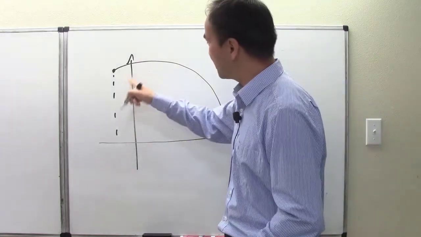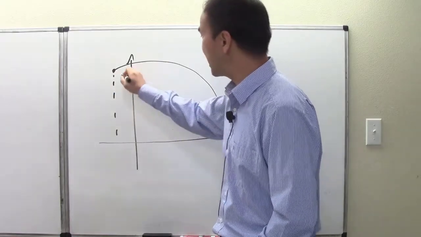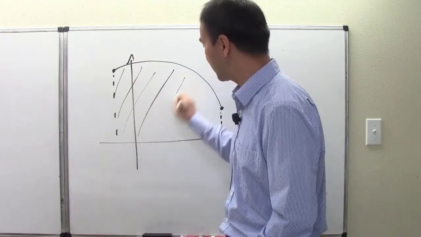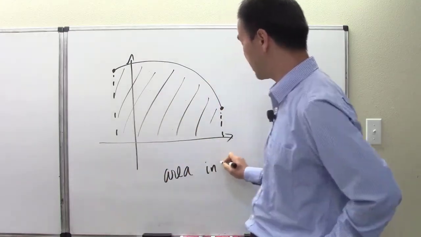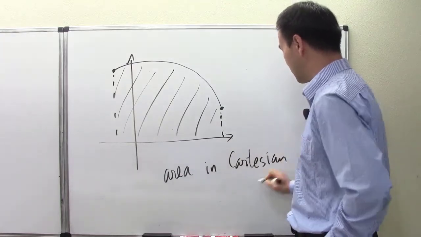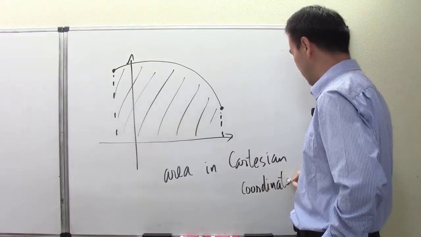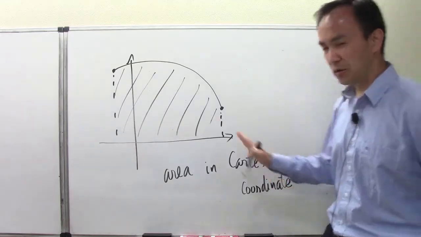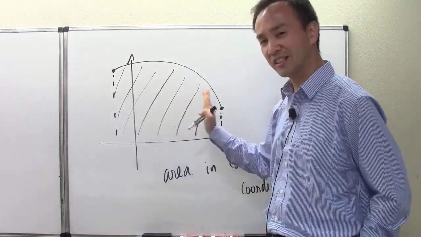This is the area, but in Cartesian coordinates, or another way of saying this is in rectangular coordinates. So I have to be clear, this is not the area we're looking for.